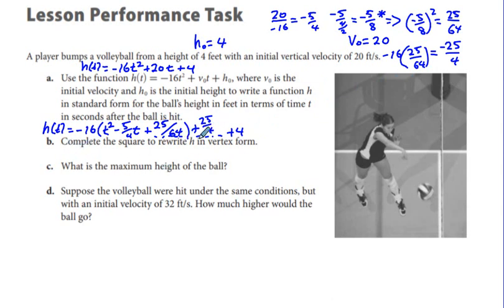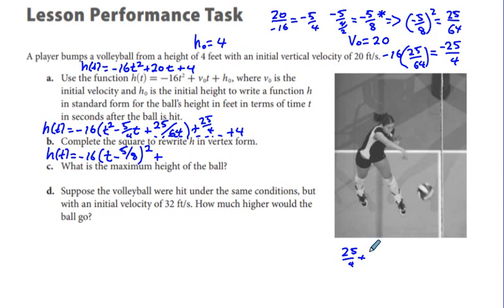Rewriting h of t in vertex form, h of t is equal to negative 16 times the quantity t minus 5/8, the number we marked with the asterisk, squared, plus 25/4 plus 4.